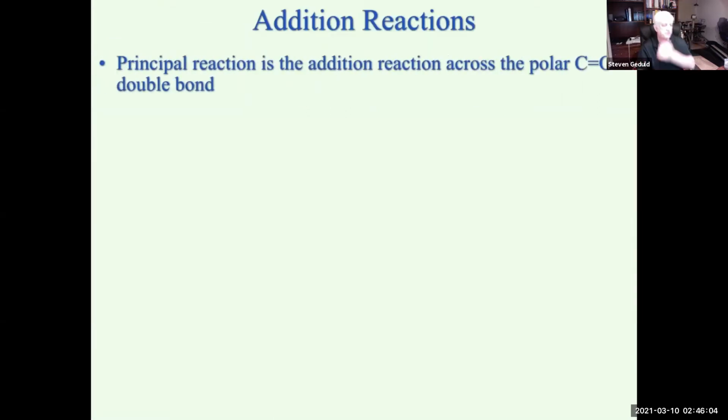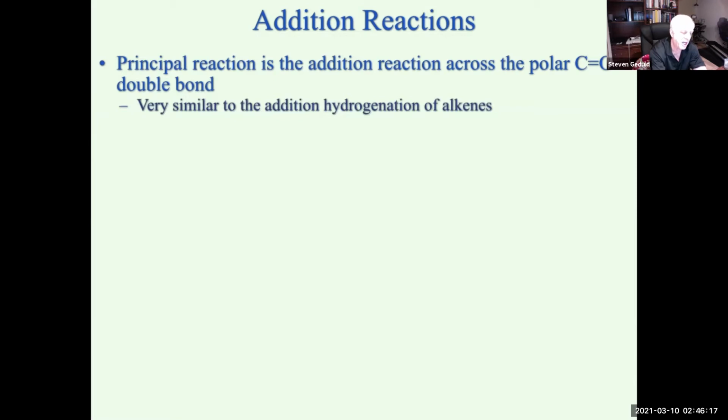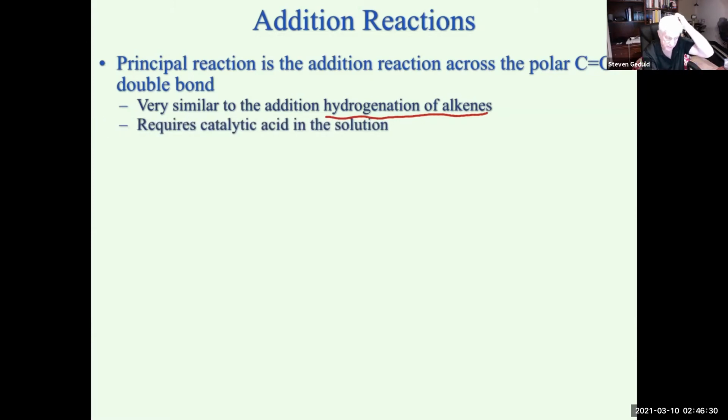Addition reactions. The principal reaction is the addition reaction across the polar carbon-oxygen double bond, the carbonyl double bond. That's where we've been adding hydrogen to it. It's very similar to the addition hydrogenation reactions of alkenes when there's a carbon-carbon double bond. Same thing. We took an alkene and made it into an alkane by addition reactions of hydrogenation when there's a double bonded carbon.